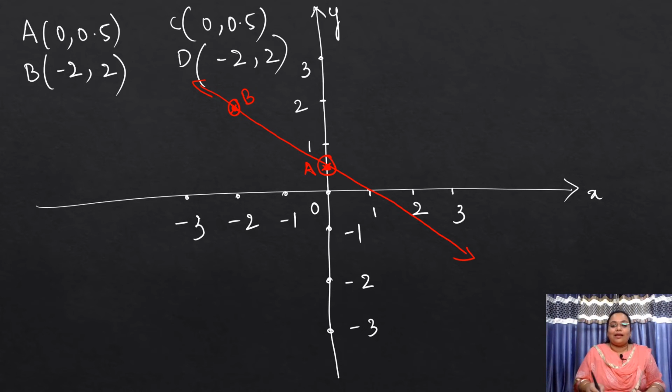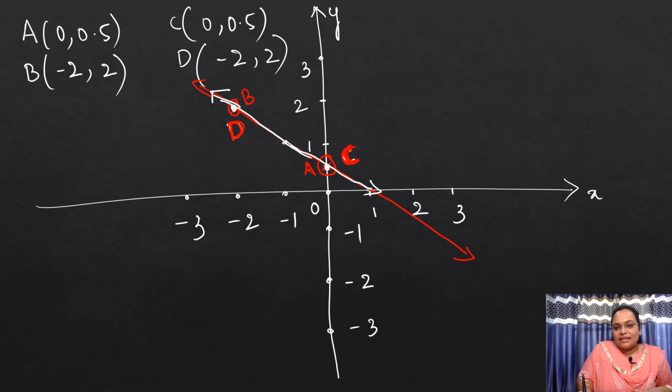Okay. Now, the next one is 0, 0.5 again. So, 0, 0.5 is here. And the next one is minus 2 and 2. Minus 2 and 2 is also here. Okay, so you will get the same. If you join these two points, you will get the same line, right? So this is C and this is D point.